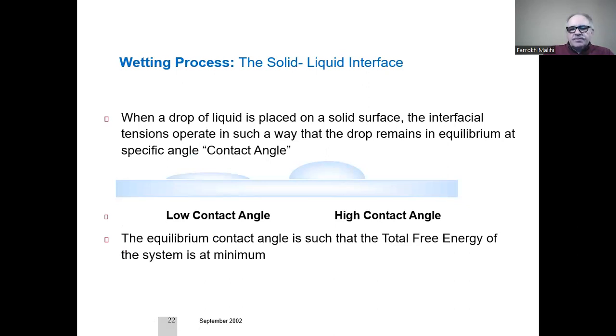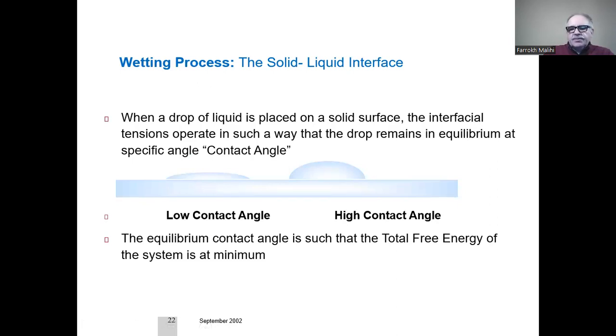Here are the mechanisms involved. The first part is wetting. The initial part of cleaning is that all surfaces, the surface of the fabric and the soil, need to be wetted. This process can be measured by measuring contact angle.